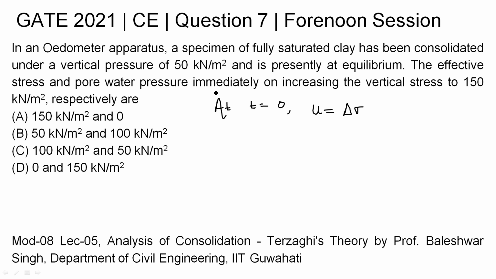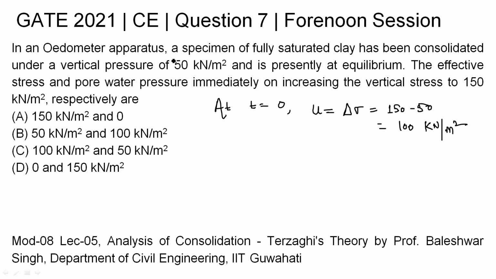So here it is asking immediately, it means we need to find at time t equal to 0, what is the value of u? u will be equal to the additional stress, and here in the question the additional stress is 150 kN minus 50 kN per meter square, that is 100 kN per meter square.